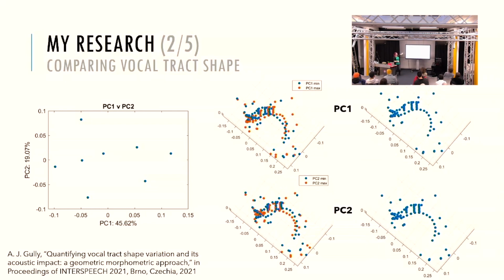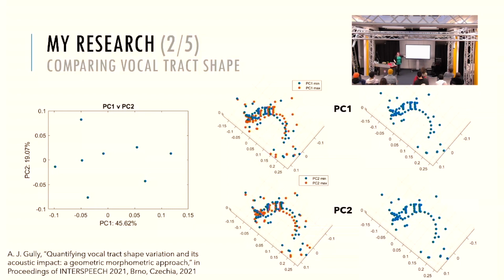I'm currently running this on 75 subjects, rather than 8. So we'll have better, more generalizable conclusions. This paper is kind of just a pilot. But hopefully what you can see here is the use of this technique for actually comparing shape among a population. That's all I'm going to say about geometric morphometrics.